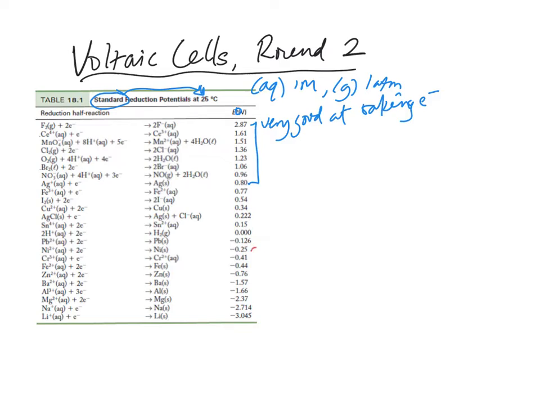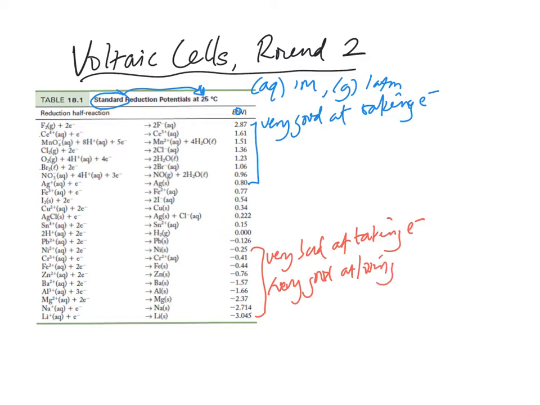So these things kind of down here are very bad at taking electrons, or what you could certainly think about them is that they are really good at losing electrons, but not really in the way that is depicted here, because all of these reactions are indeed reduction reactions, meaning that we're always here talking about whether something can gain electrons. Remember that reduction is a gain of electrons.